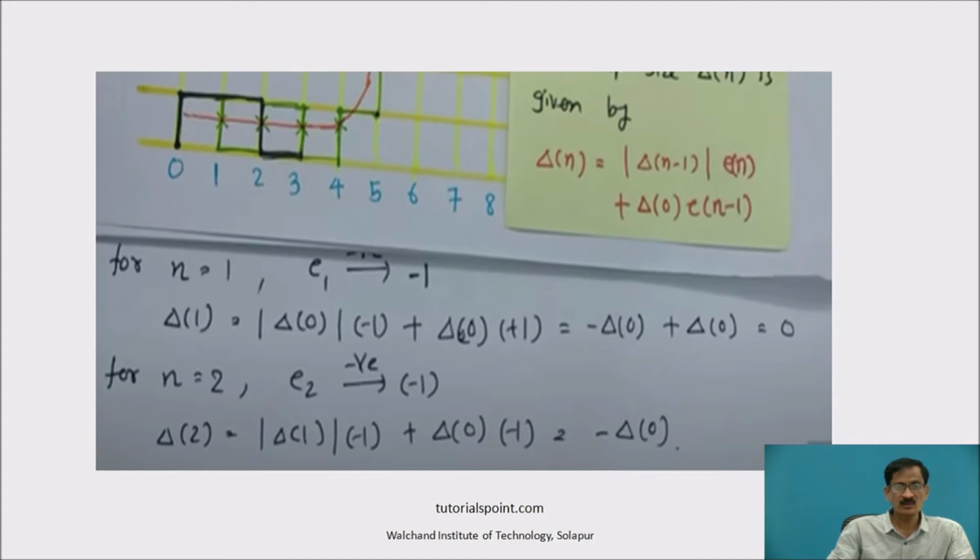So delta 2 will be equal to mod of the previous delta, that is delta 1, multiplied by the current error minus 1, that is E2, plus delta 0 into the previous error E1 minus 1. So that will result in minus of delta 0, because delta 1 is equal to 0. So in this way delta 2 will be equal to minus of delta. So there is a decrease in the step from 2 to 3, shown by this black color.